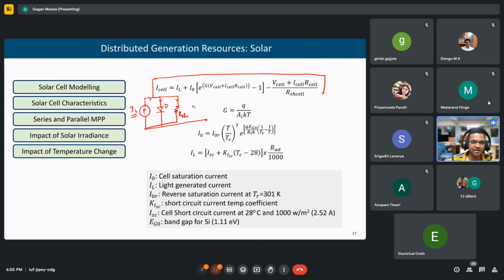Is this equation correct, which is written here? So we need this I cell. This is IL. If you want to write KVL, oh sorry, KCL, what will be the equation?